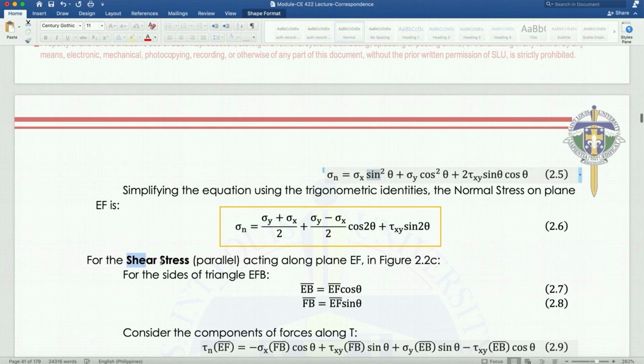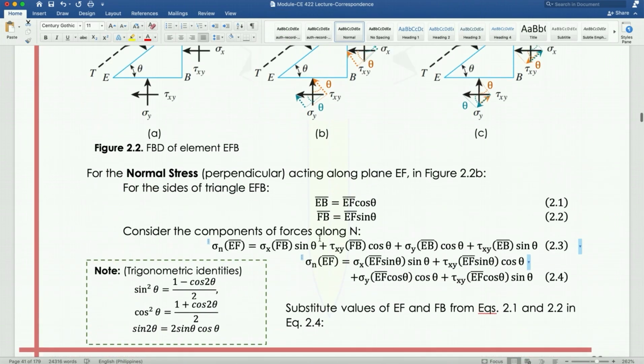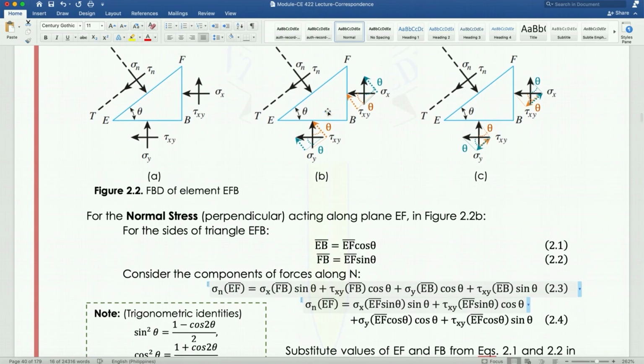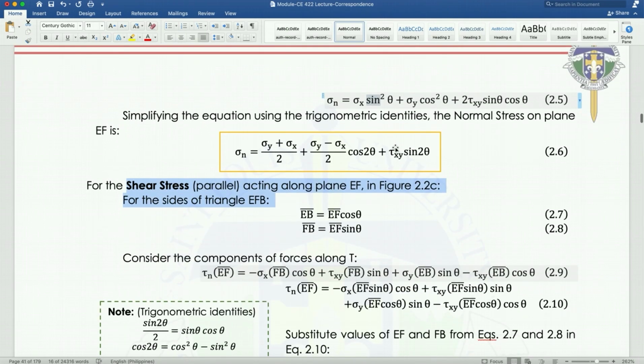So ganun din yung gagawin natin, this time naman for shear stress. So for shear stress, ganun din, we are going to use SOHCAHTOA to equate and to get the relationship between the sigma n, the sigma xy, and the sigma xy here. Okay, so isa-substitute din natin yan.